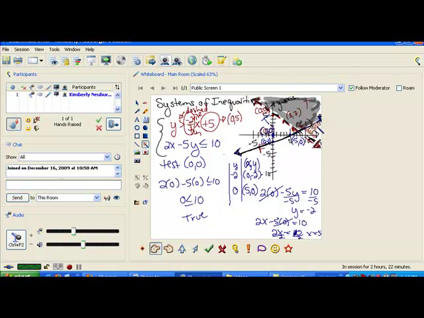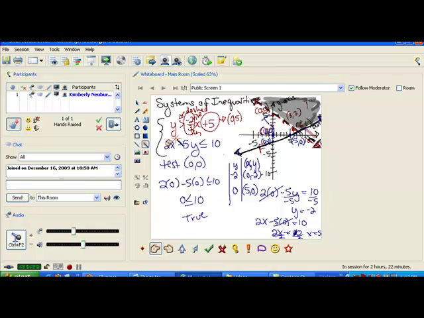That works fine too. It's just up to you as to what your preference is. I like to graph one, shade it, graph the other, shade it, and then make the overlapping part our solution. Graphing both lines and then testing a point in each of the four areas to find out which one's true for both equations is fine also.